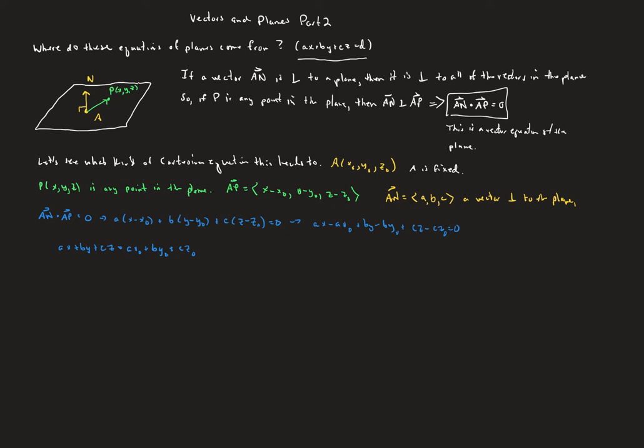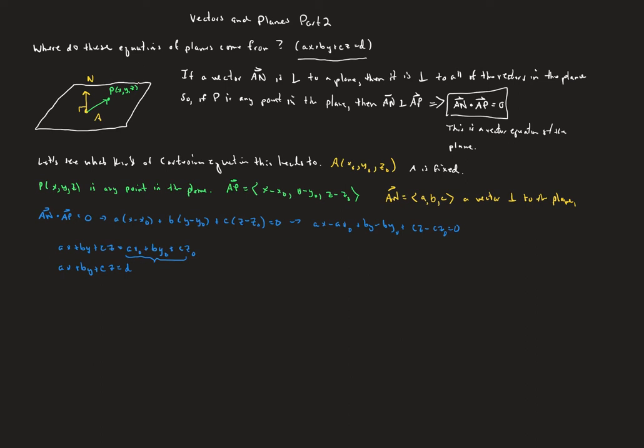So this is exactly what we said when our equation of a plane is ax plus by plus cz equals d. Remember, these are just going to be numbers here, and now we even know how to come up with that d.